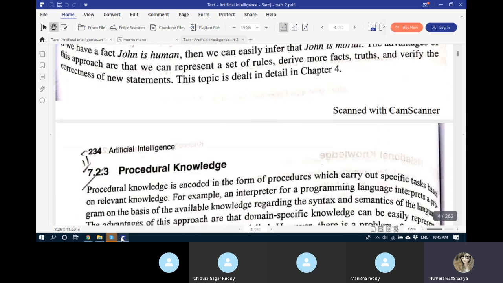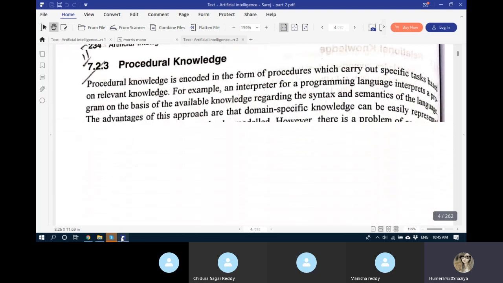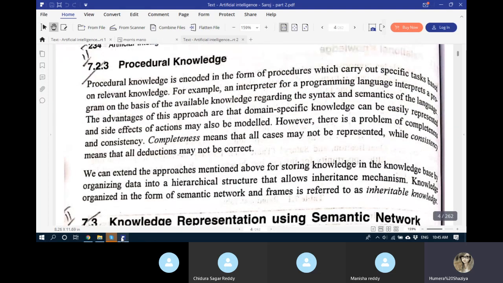Okay. Next is procedural knowledge. Procedural knowledge is encoded in the form of procedures. Procedure is nothing but a step-by-step function to carry out a specific task based on the knowledge. To perform certain tasks, you should have a knowledge.